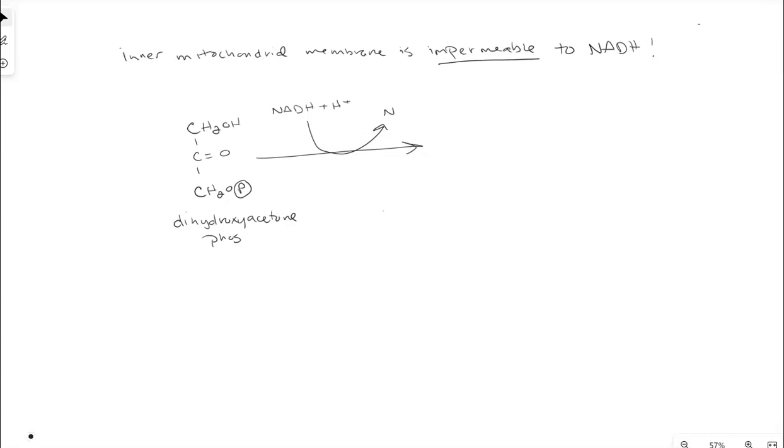producing NAD+. And remember, this NADH that's reacting in the cytosol can't directly cross into the mitochondria because of the impermeability. So we have to find some way to chemically move it across, or have this chemical energy move across. So what happens is this NADH is going to bind the dihydroxyacetone phosphate, and this is going to produce glycerol 3-phosphate as a product.